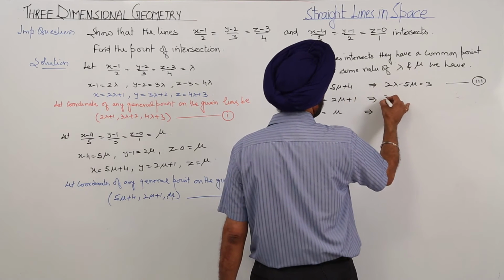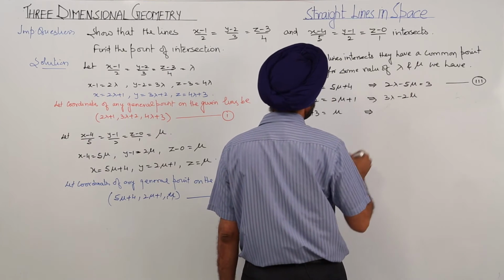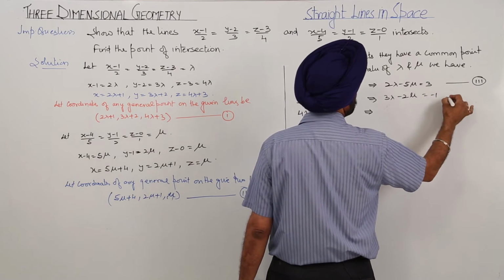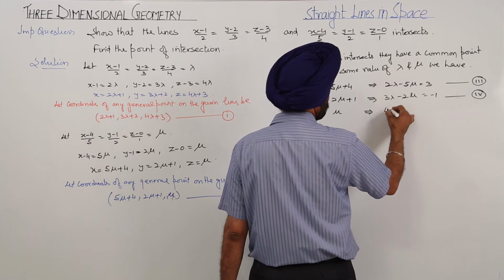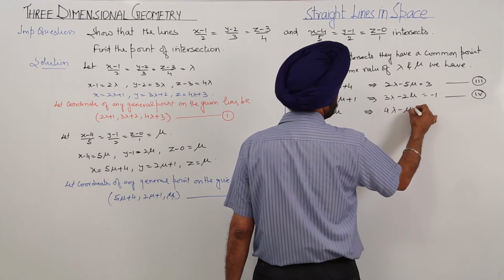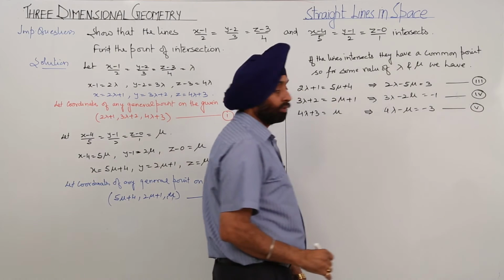Then 3 lambda minus 2 mu = minus 1, equation 4. Then 4 lambda minus mu = minus 3, equation 5.